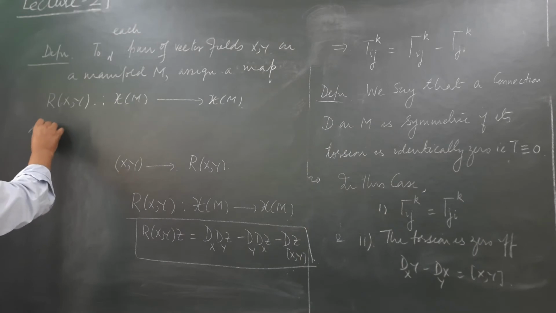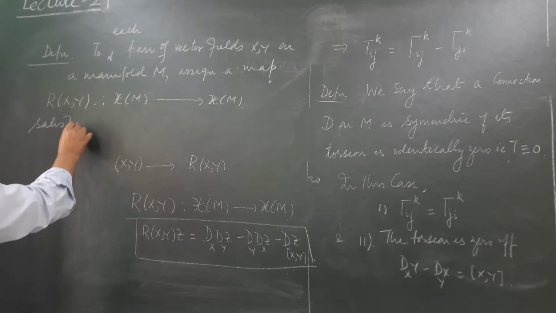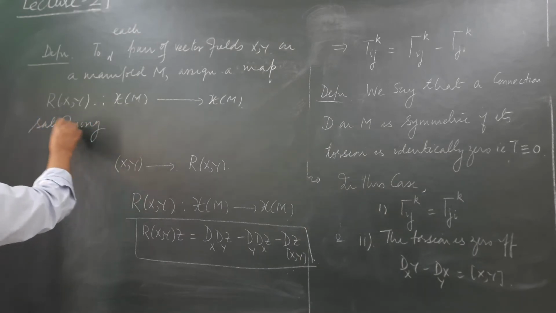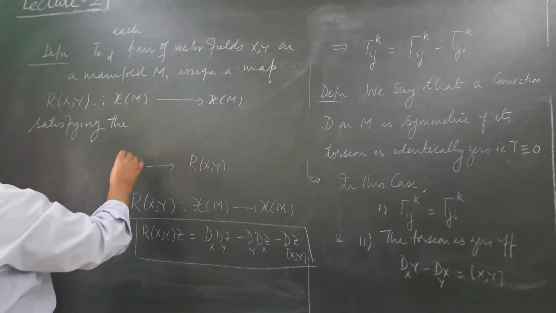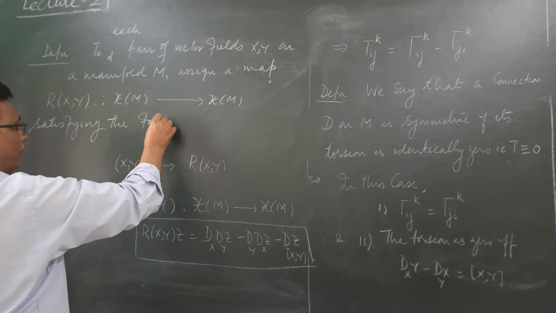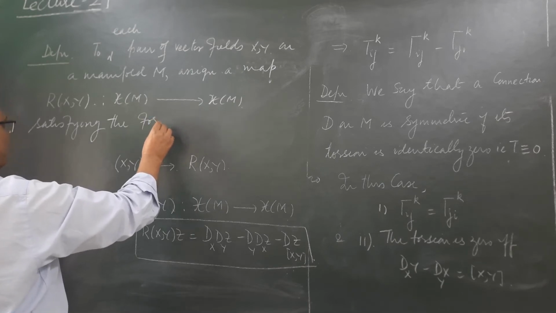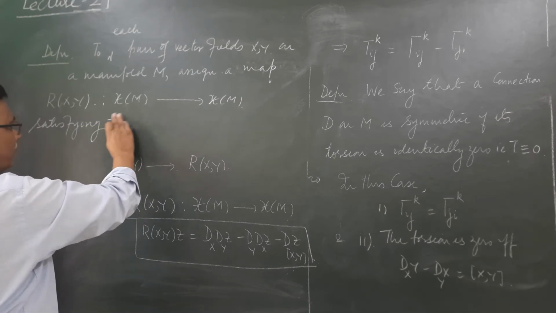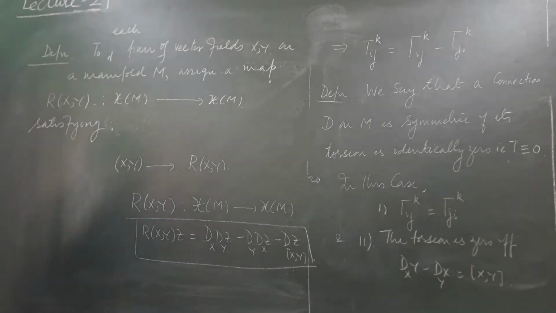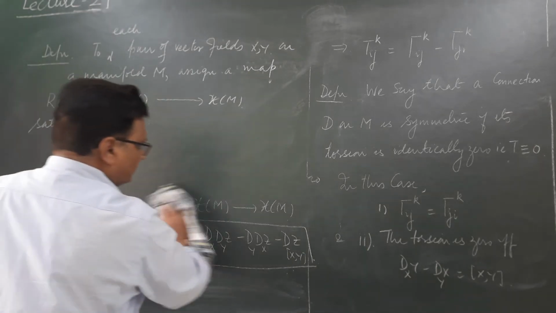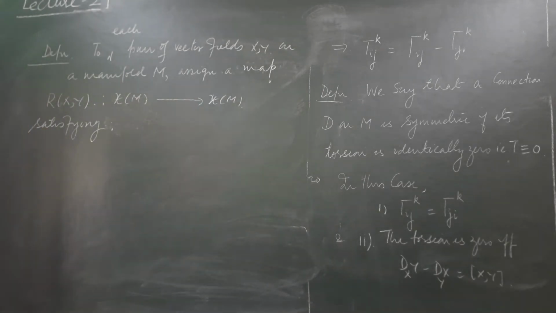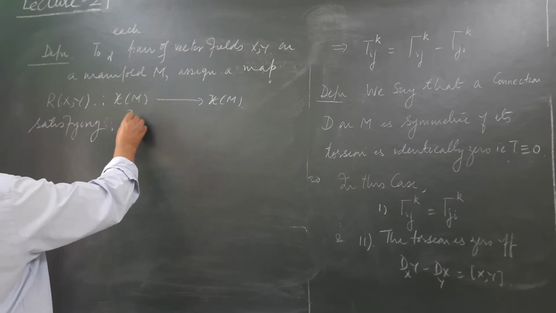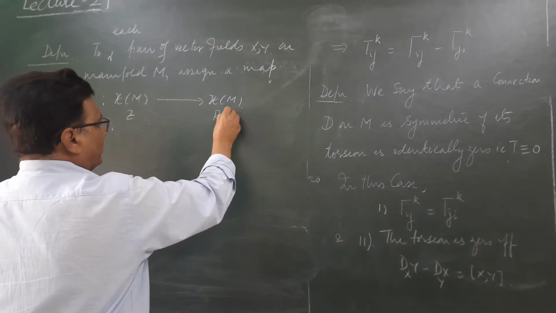satisfying the following formula. Let me write down. R(X, Y) will operate on Z and will give you a vector field R(X, Y)Z.